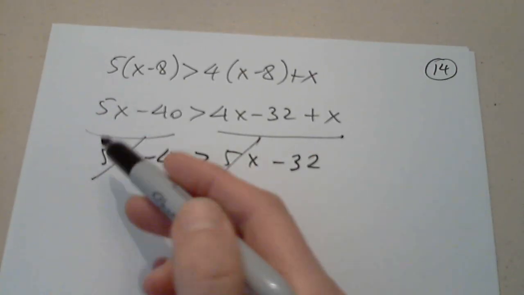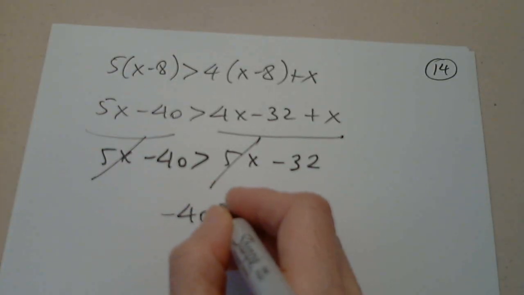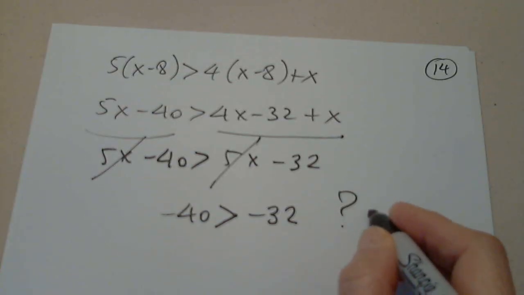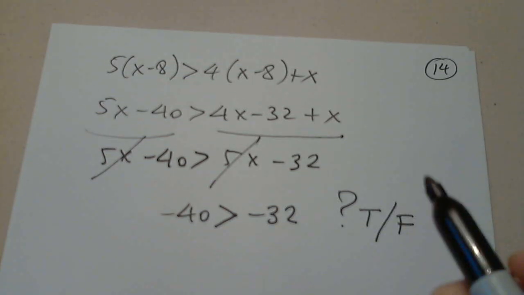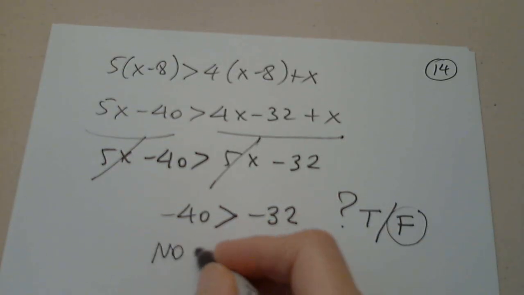We simplify, meaning we subtract 5x from both sides, and we get that negative 40 is a number greater than negative 32. Is this true or false? Negative 40 is less than negative 32. Good, so it's false, meaning no solutions.